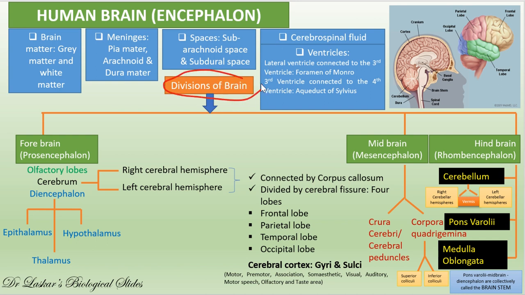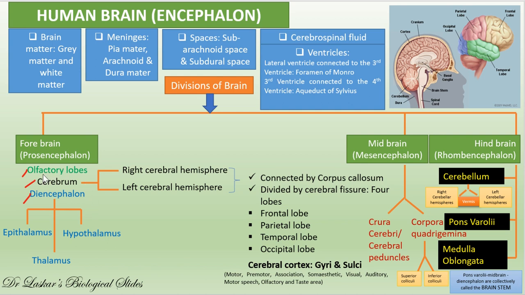Divisions of the human brain. The human brain or encephalon is divisible into three parts: forebrain or prosencephalon, midbrain or mesencephalon, and hindbrain or rhombencephalon. The forebrain forms the greater part of the brain, and it consists of olfactory lobes, cerebrum and diencephalon.